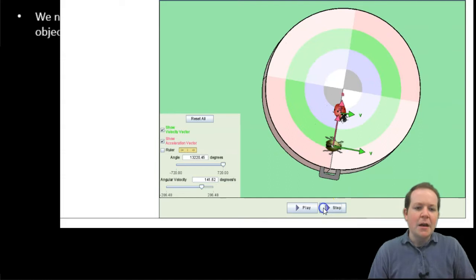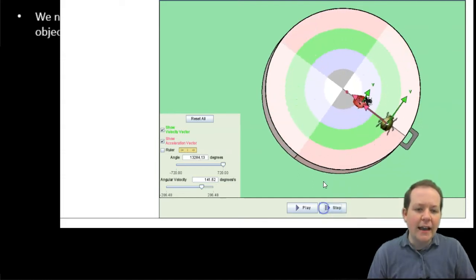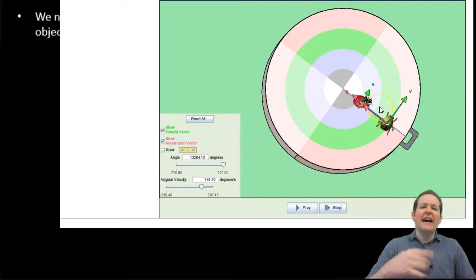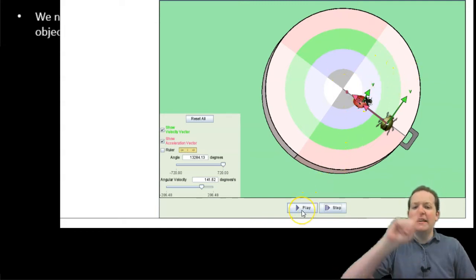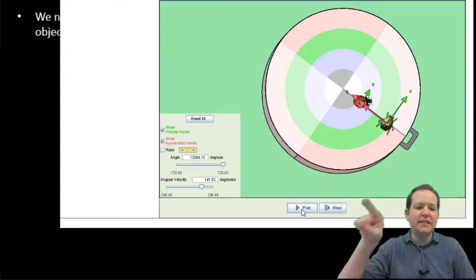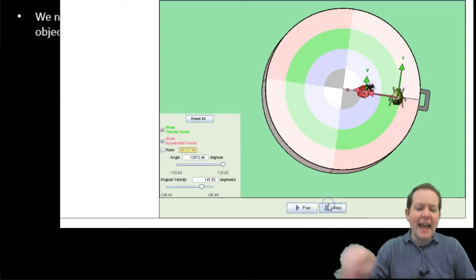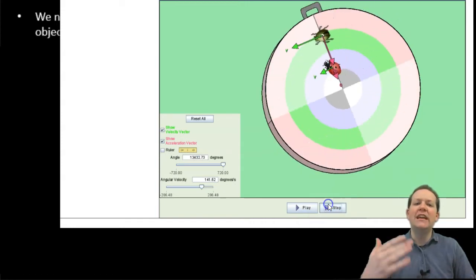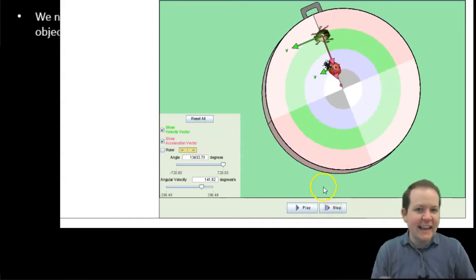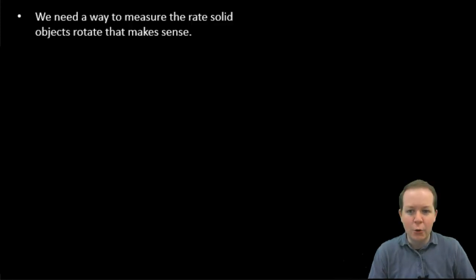Because they're on this line, the angle that they're making is staying constant. The linear distances are different, and therefore their linear velocities are different. But because they're making the same rotation in the same chunk of time, and the angle is staying the same, we can look at the change in angle. And that's the idea. Of course, that's why it's called angular motion, okay?